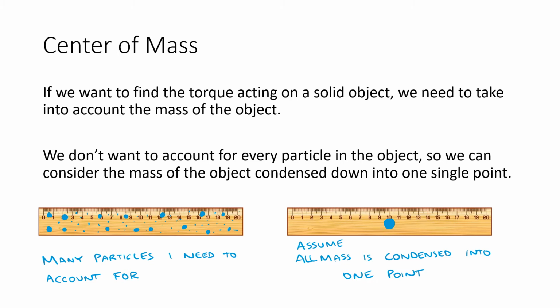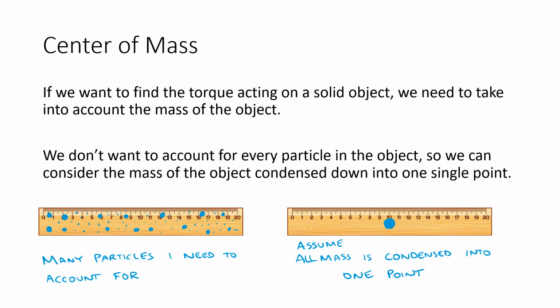Instead, I want to be able to figure out one single point for any sort of solid object. And that is called the center of mass. So I pretty much take that object, I take the location of all these small little particles, and I say, that point right there pretty much describes how all of the mass is going to move.